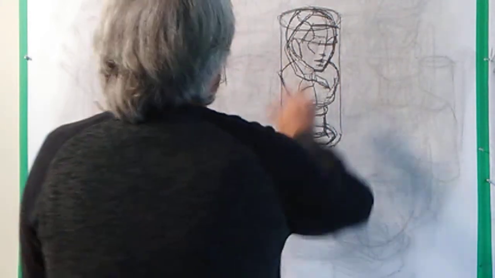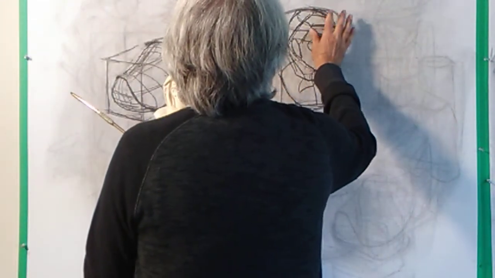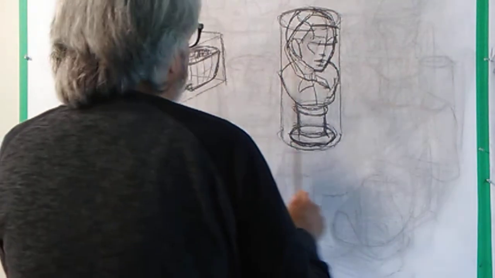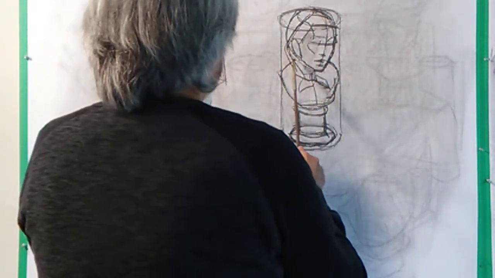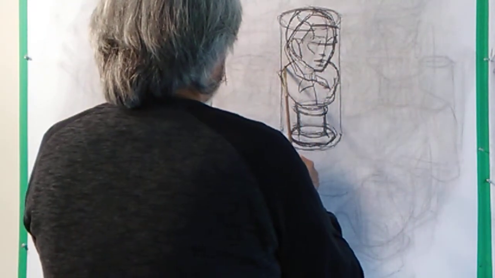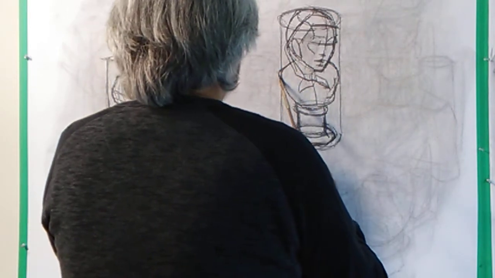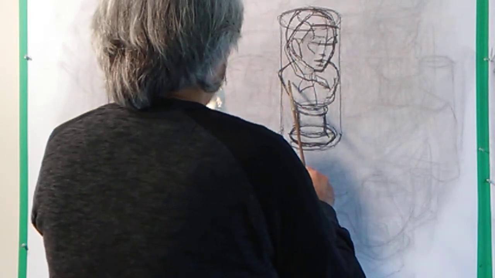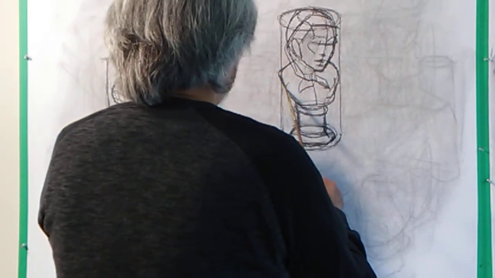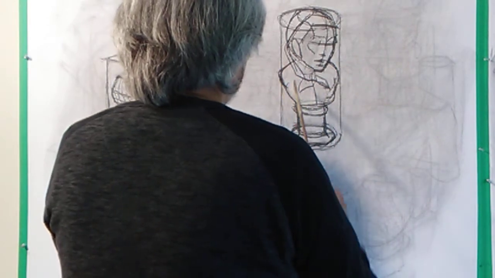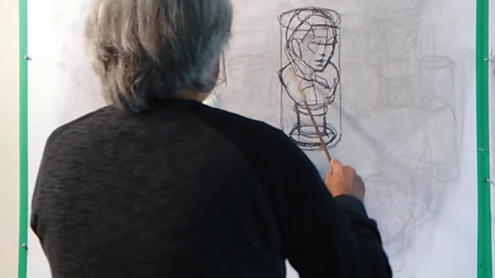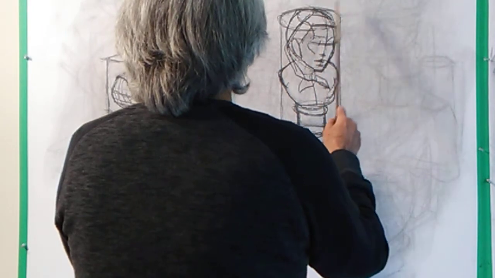Okay, so with our cross contours, I'm going to get rid of some of the lines that are there. I'm going to take this shoulder. I'm now going to divide the chest from the shoulder. Okay, so our top plane, let's take them around this way.